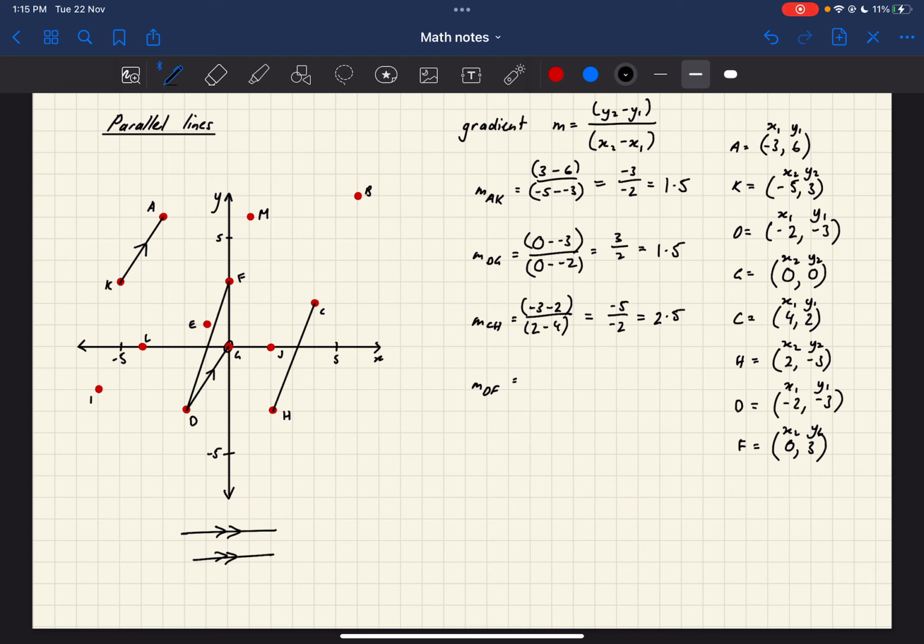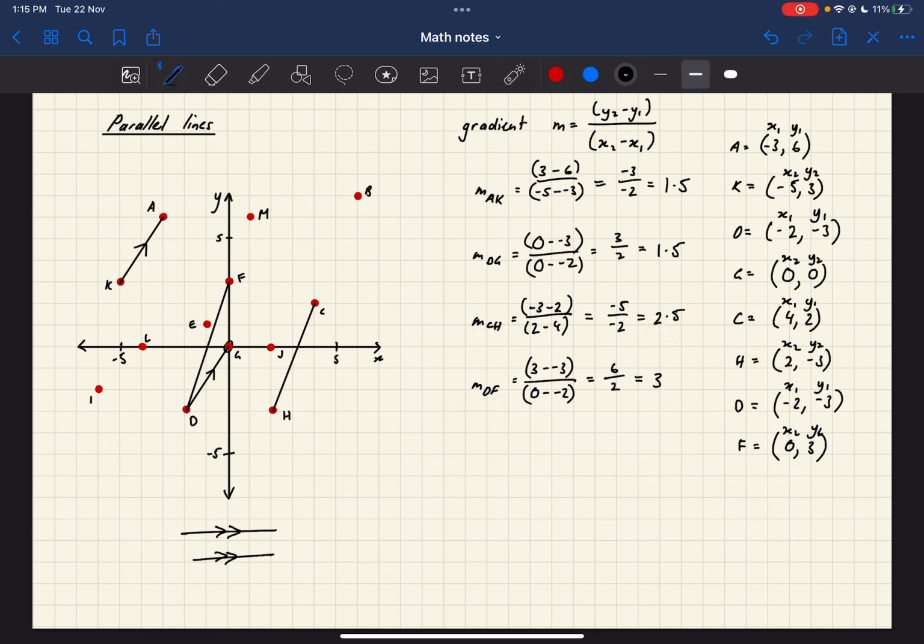And so that gives us 3 minus negative 3 divided by 0 minus negative 2, which gives us 6 over 2, which is a gradient of 3. So that means that these two are not parallel because these are not the same.